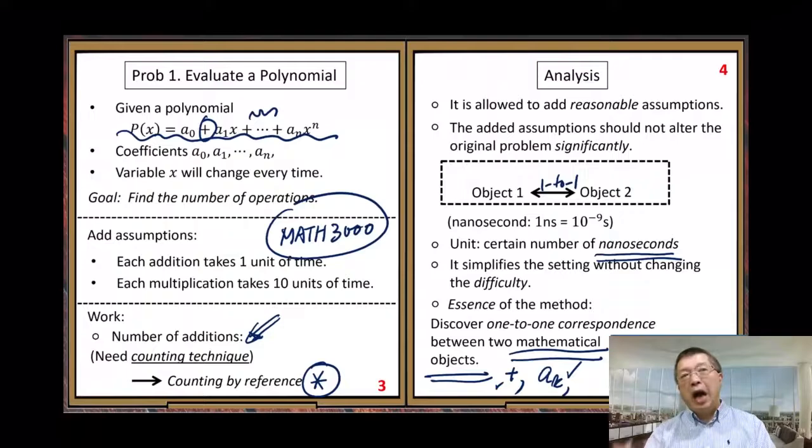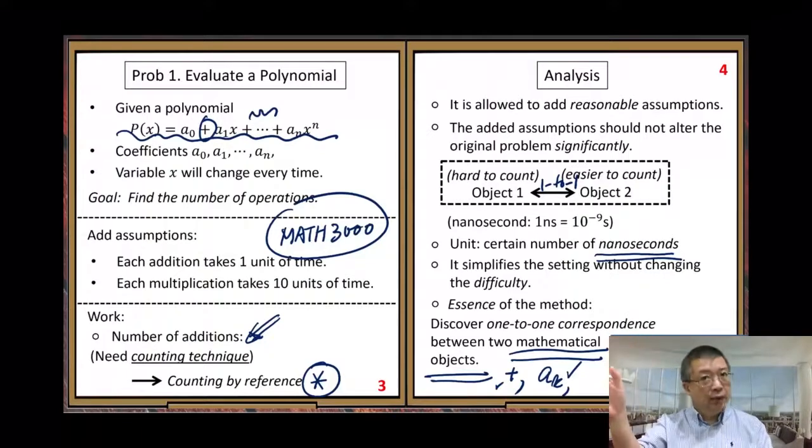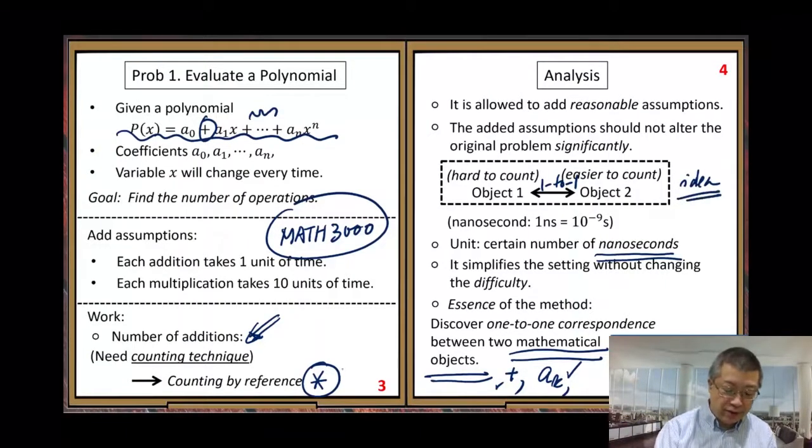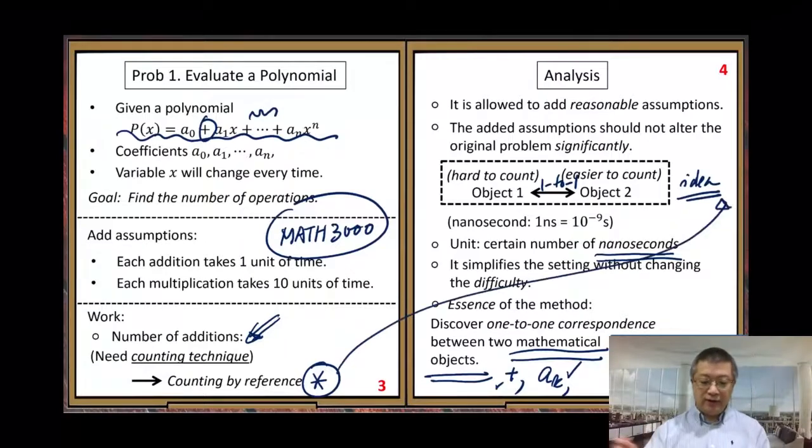After we find this special relationship, we can convert counting the number of object 1, which is relatively hard, to another equivalent problem, counting the number of object 2, which is much easier. That's the basic idea for this method, counting by reference.